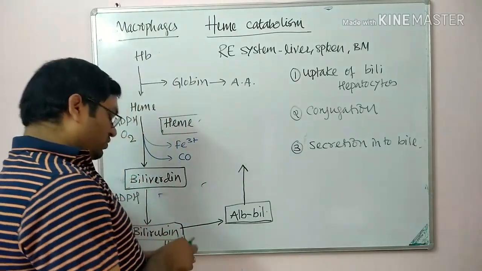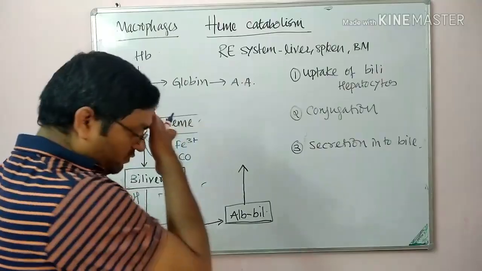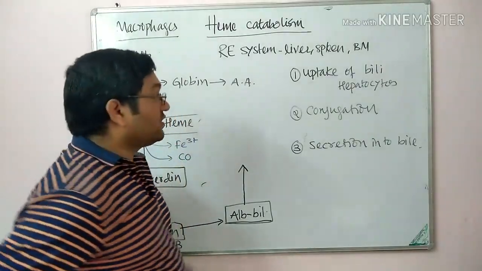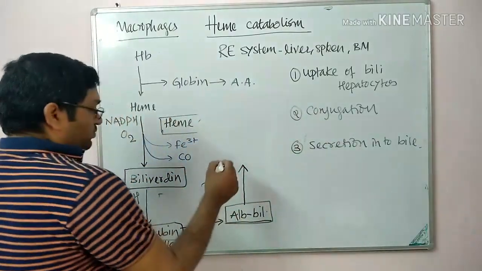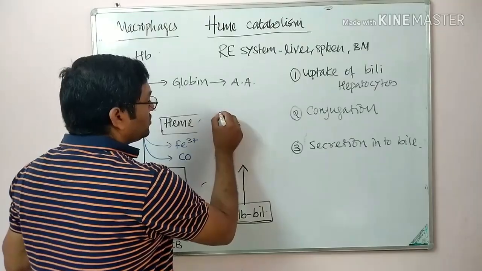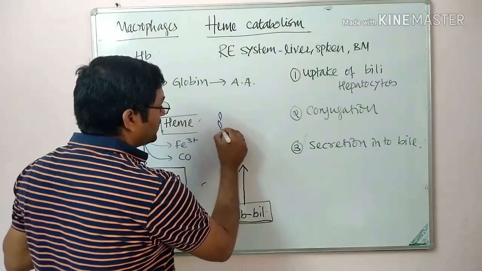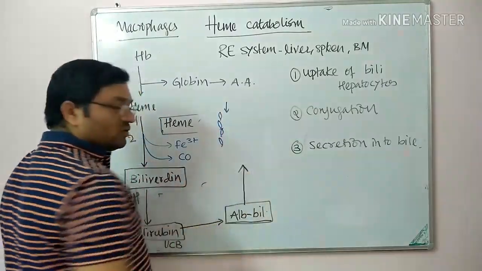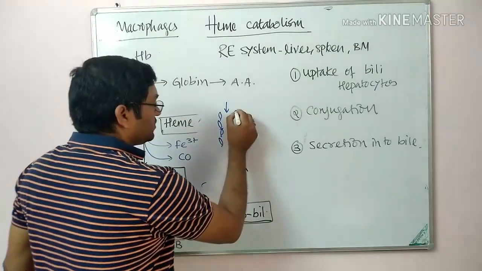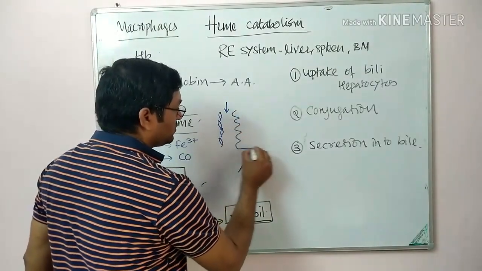Now coming to the liver where bilirubin gets conjugated, the first step is uptake of bilirubin by the hepatocytes. This is the sinusoidal endothelium, this is the sinusoidal surface of the hepatocytes. This one is the hepatocyte.